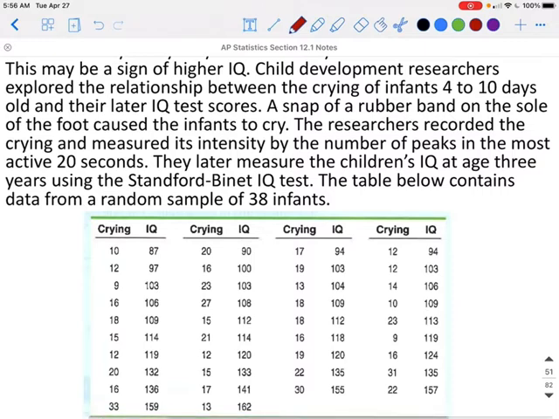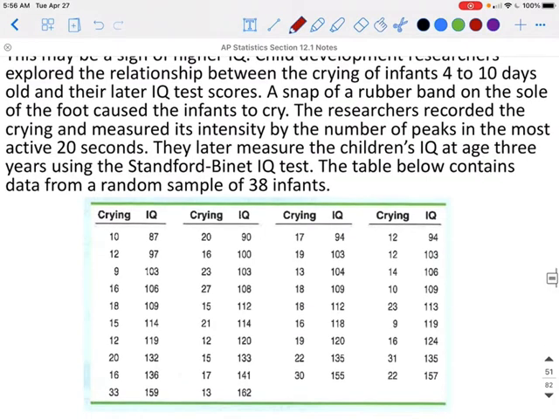The researchers recorded the crying and measured its intensity by the number of peaks in the most active 20 seconds. They later measured the child's IQ at age 3 years old using the Stanford-Binet IQ test. The table below contains data from a random sample of 38 infants. The first number tells you how many times they cried in the 20 active seconds, and then it tells you their later IQ score.